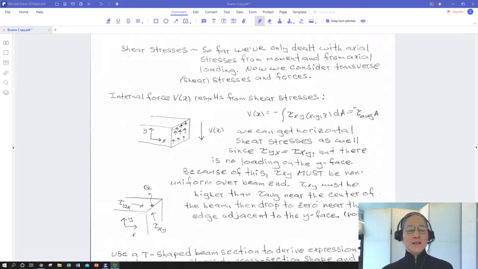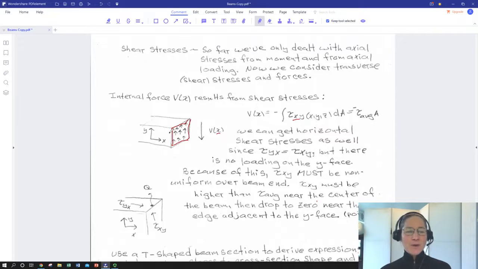So if we integrated our tau xy all over this area, we give it a negative sign because we've got the taus going in the positive y direction. If we integrated over the whole face, we'd get our shear force at that x location. So everything's specific to this one x location, this cut location on the beam.